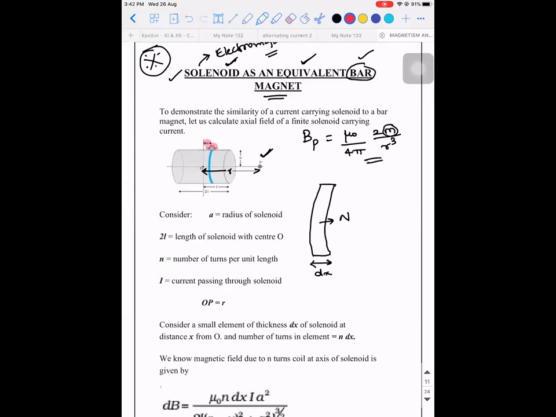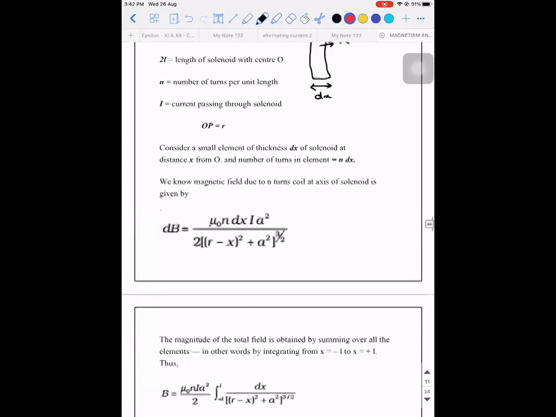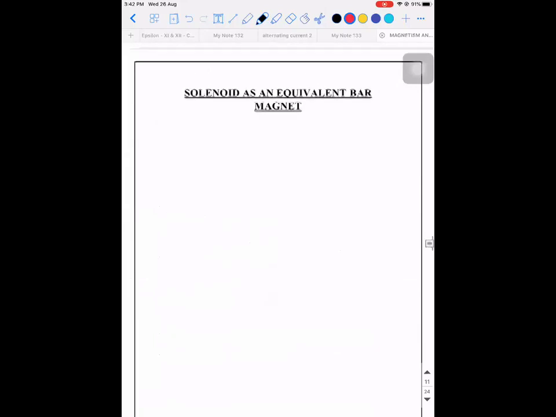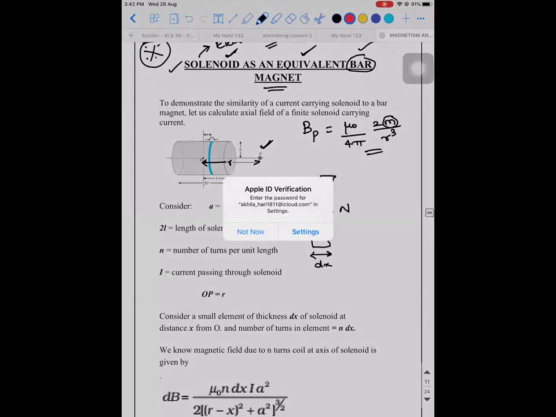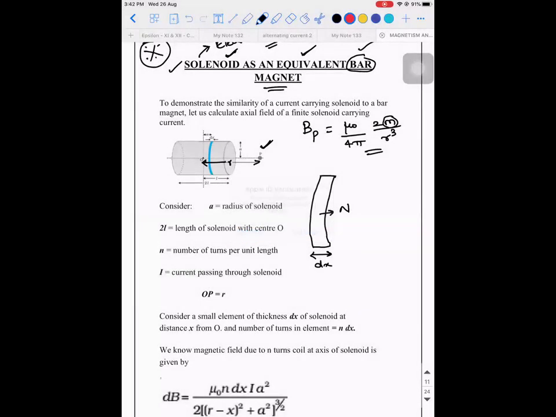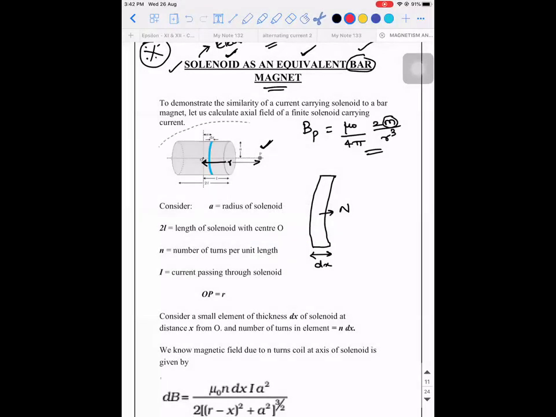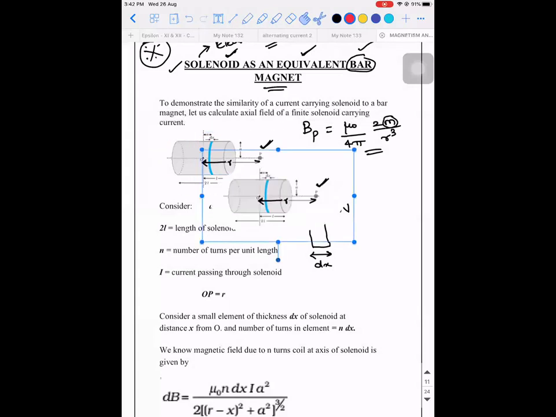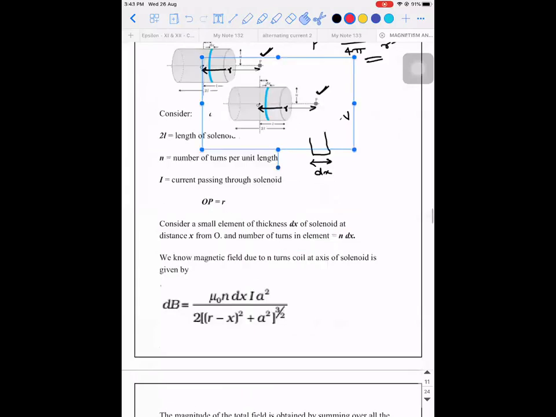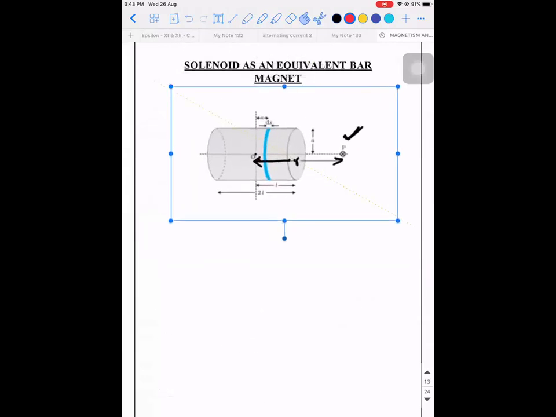So when this is happening, listen. Now, due to a circular coil, what is the magnetic field on the axis of it? The other day I told you to revise. See, listen.